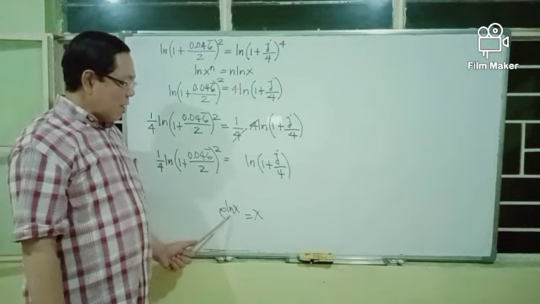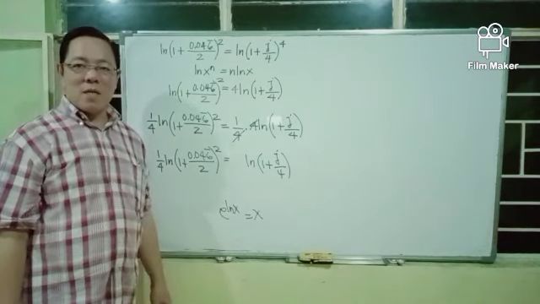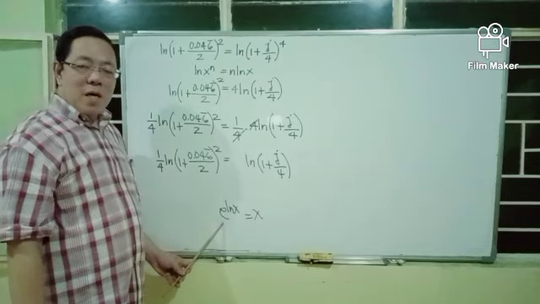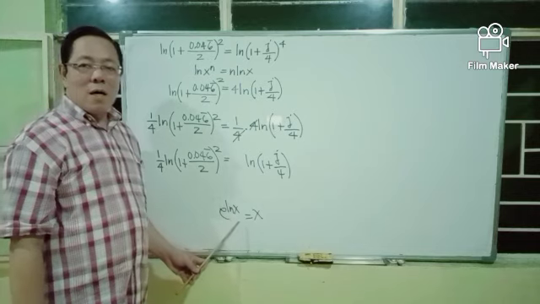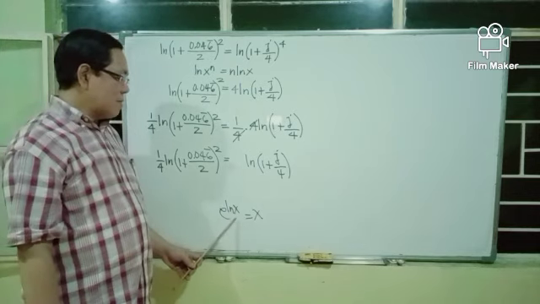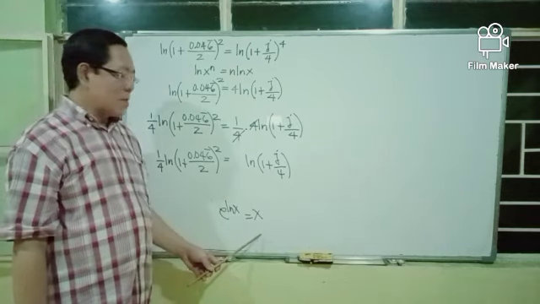This is because ln, natural logarithm, is a logarithm to the base e. Thus, if you raise e to the power ln, logarithm to the base e of x, then it simplifies to x.